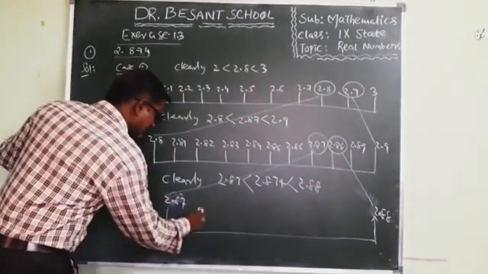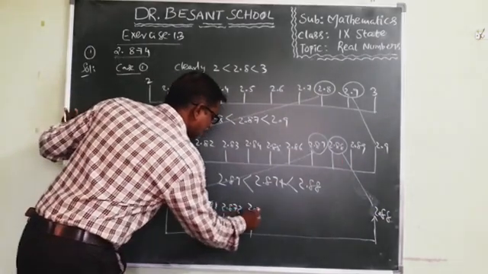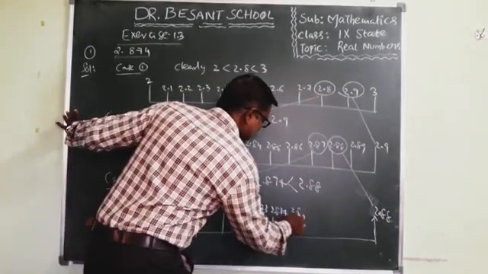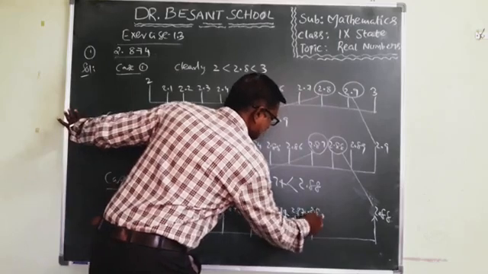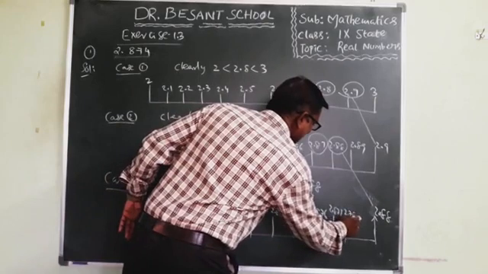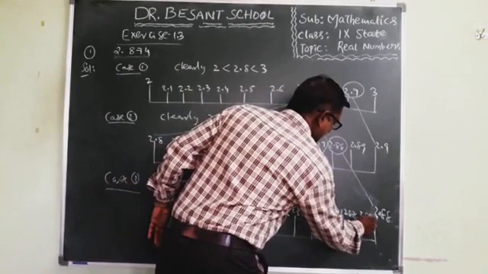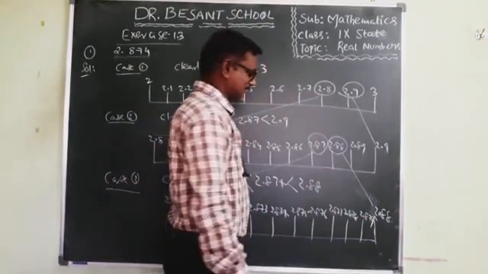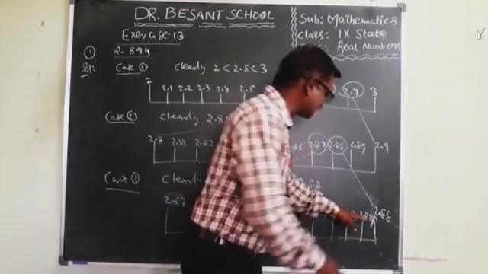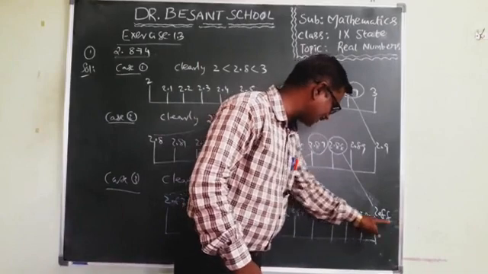Now observe 2.87. After that you will get 2.871, then 2.872, 2.873, 2.874, 2.875, 2.876, 2.877, 2.878, 2.879, and after 2.879 comes 2.880.